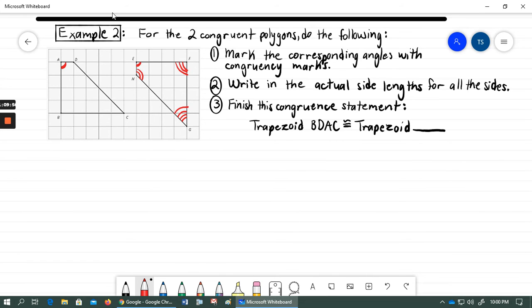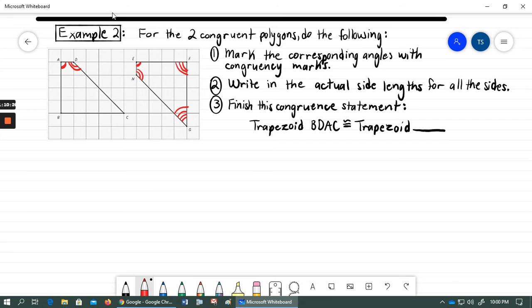Which angle is corresponding with angle H? Okay, well, clearly, angle D is the one that's corresponding with angle H. And we'll put the matching congruency mark in there. All right, what about angle G? Which one of the angles in the other figure is corresponding with angle G?